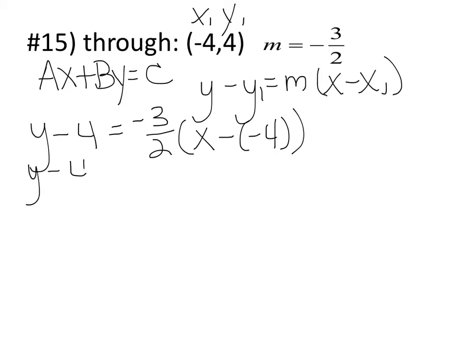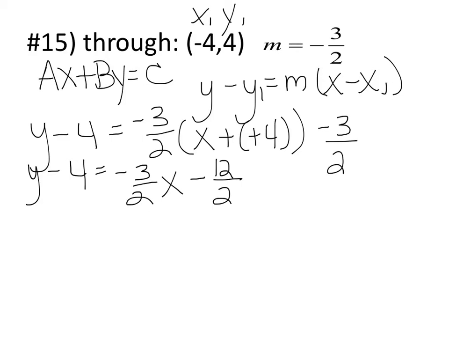So that leaves me y minus 4 equals, I'm going to add a line, change the sign, negative 3/2 x minus 12 over 2. That's negative 3/2 times 4 over 1. Negative 3 times 4 is negative 12. 2 times 1 is 2.